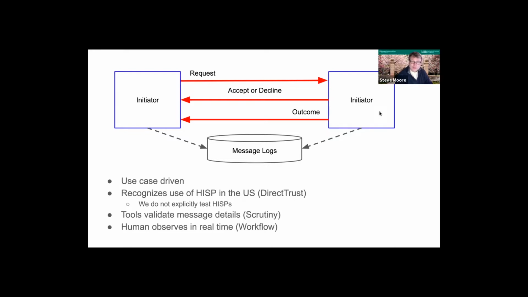The real time used to be done by walking over on the physical floor and looking at people's screens. As Phil described, now that we have Slack, we ask the participants to share their screens, and it's much more efficient because you can look at the screen for the initiator, switch over to the recipient, and go back and forth. The human does this in real time.